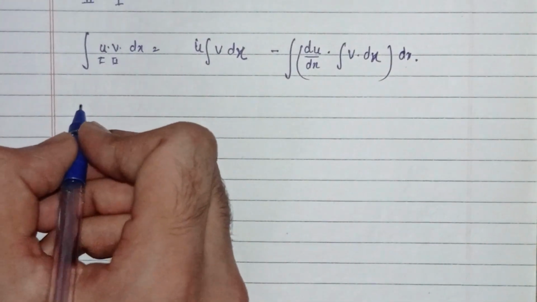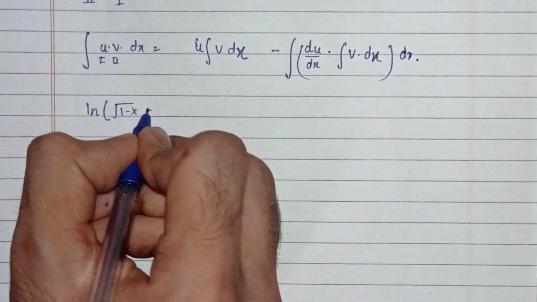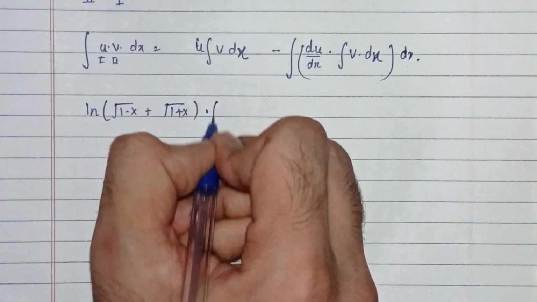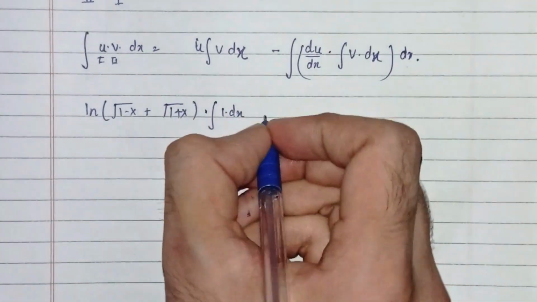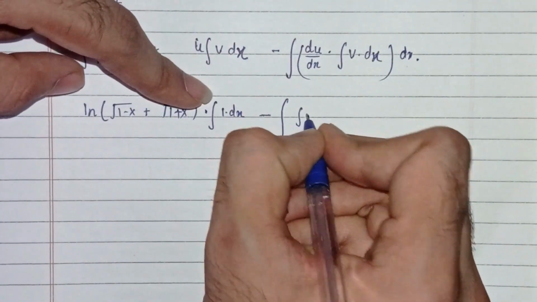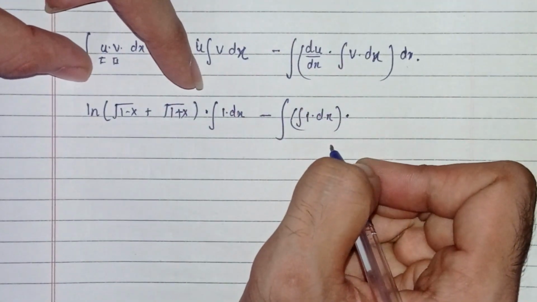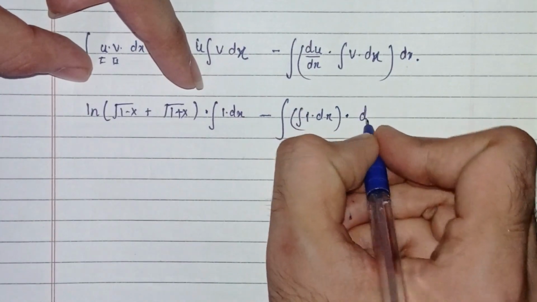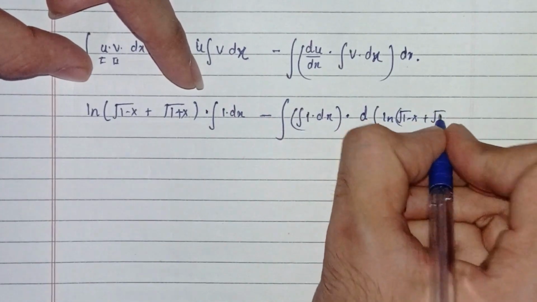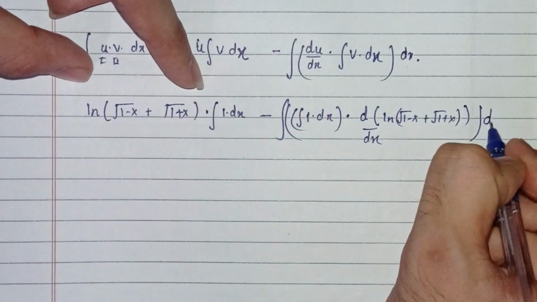So my first function was ln, so I will write ln(√(1−x) + √(1+x)) times the integration of 1 dx, which is x, minus the integration of x times the differentiation of this part, that is d/dx of ln(√(1−x) + √(1+x)), whole integrated.